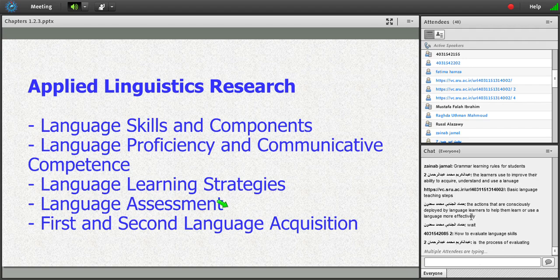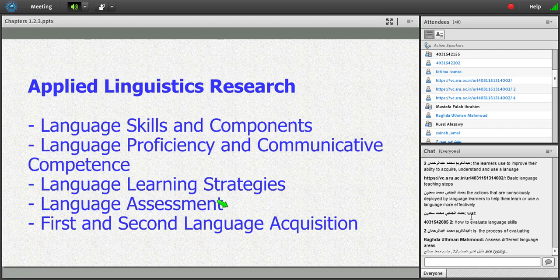So how to evaluate language skills? That's right. The process of evaluating, assess different language areas, exactly.